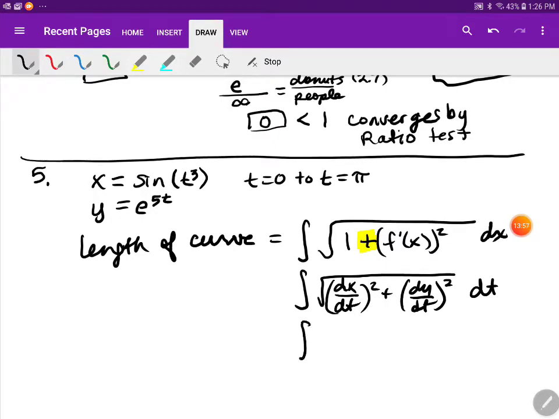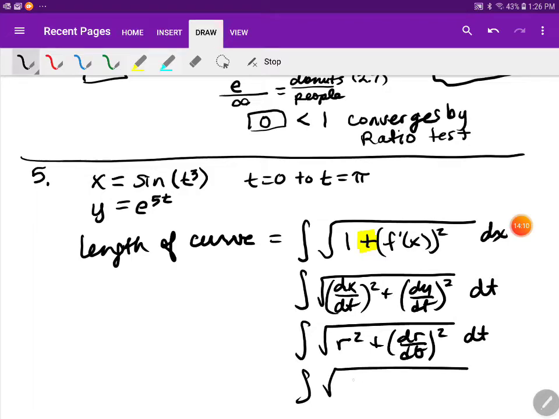Okay, and then polar, just for your future knowledge, not on your AP test, r squared plus dr d theta squared, d theta, and that's it. Or there's one more, 1 plus g prime of y squared. Oops, this one's a d theta. Okay, and then this one's dy. So those are all your choices, just so you could remember.